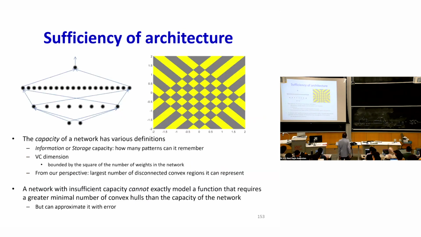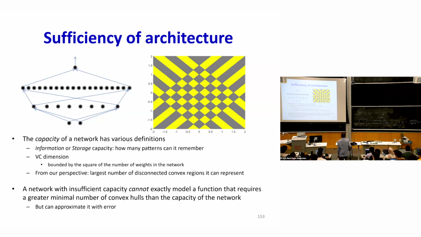And so we get to the end of this lecture. There's a notion of a sufficiency of architecture. I tried to explain this with pictures and simple visual illustrations, but of course there's a whole ton of math behind it. For those of you who are mathematically inclined, there are papers, but it's my experience that the majority of us would rather not deal with the math. That includes me. But there's a definition.